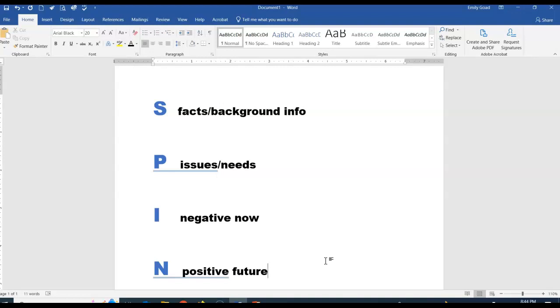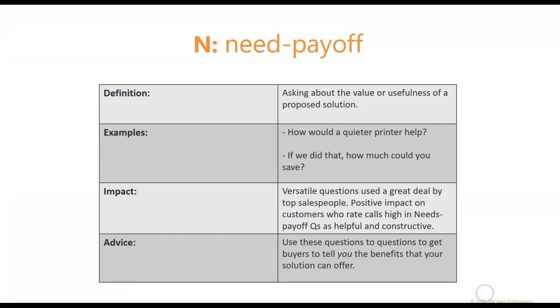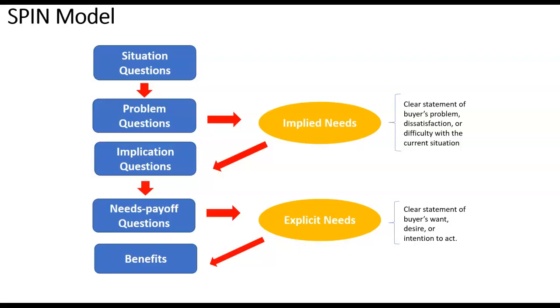So putting that all together in terms of a model, you have your situation questions, you're finding out facts. From your situation questions, you're going down a level. So these all build off of each other. And you're asking about issues that have arisen from the situation. From there, you're getting to implied needs, so clearly stated issues.